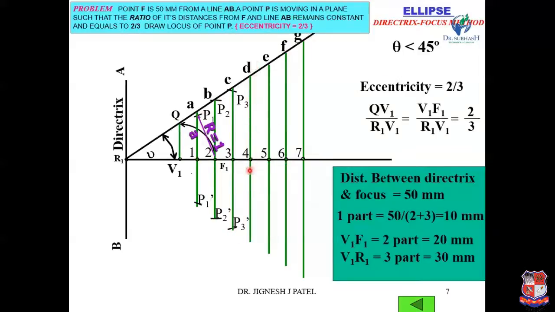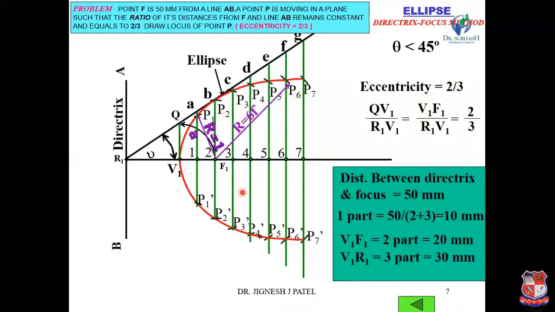Then radius 4D, center F1, you will get points P4, P4 dash. Similarly mark the points P5, P5 dash, P6, P6 dash, P7 and P7 dash. Now join all these points by a smooth curve. You will get an ellipse. So this curve is known as the ellipse.